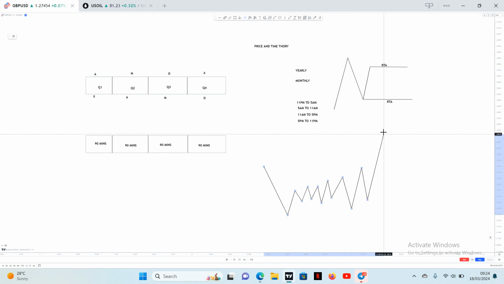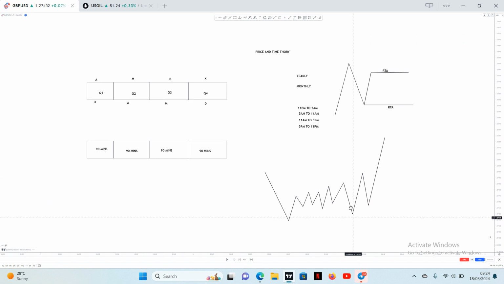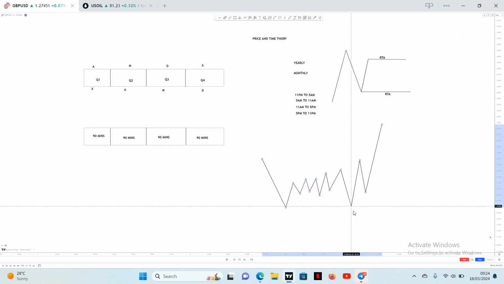Thursday being the distribution day will complete what Wednesday has started. Sometimes this Wednesday might then take out even Monday's low and then set up the week. It all depends on your PDRA, your other blocks, supply and demand, fair value gap, whatever you're looking at.